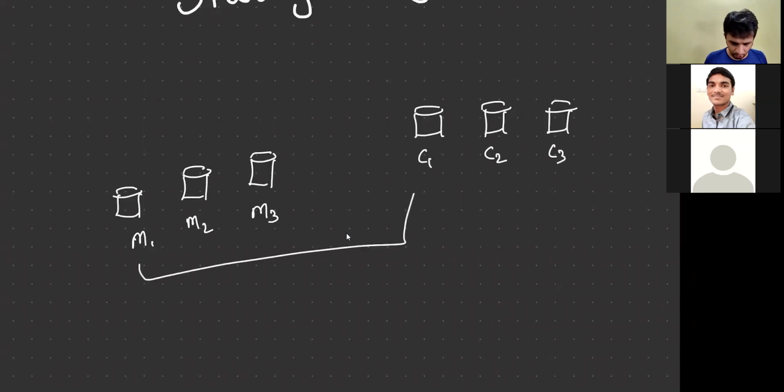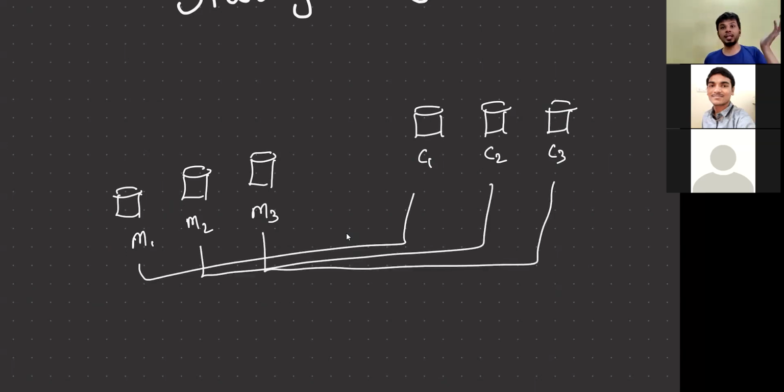There should be a one-to-one mapping between them. So the data of M1 should be cached in C1, M2 in C2, M3 in C3, so that the cache of one does not interfere with another, and if for any reason my keys overlap, it would still not cause any problem. So that's what I wanted to achieve.